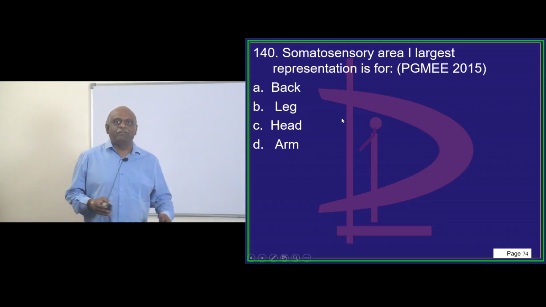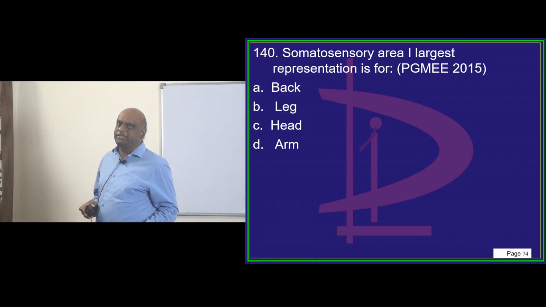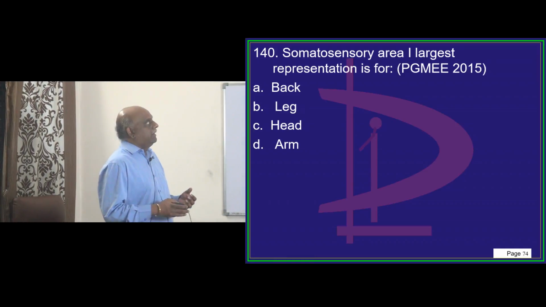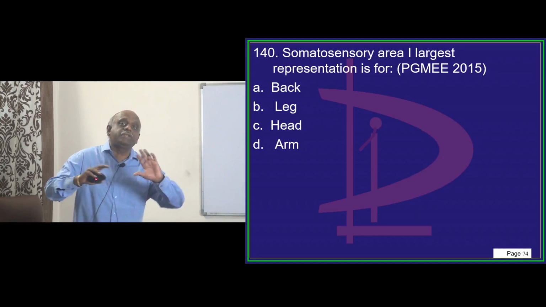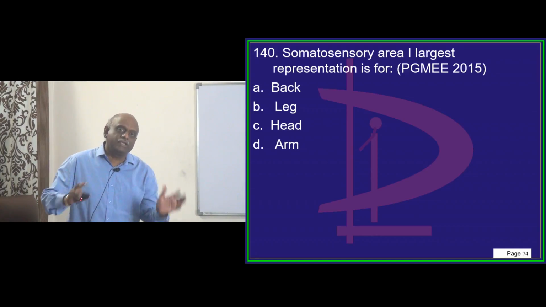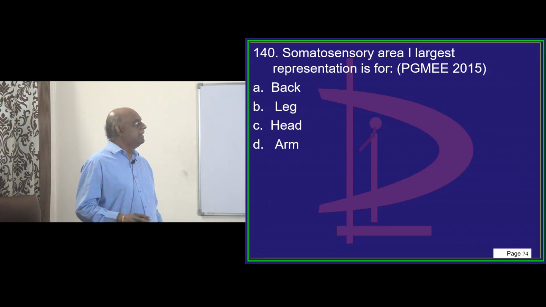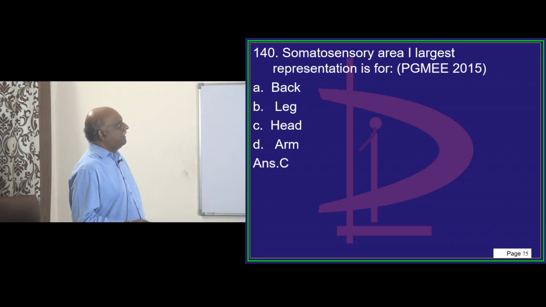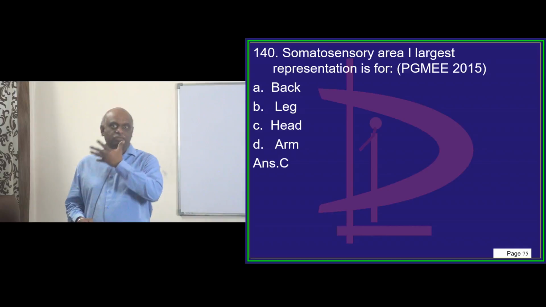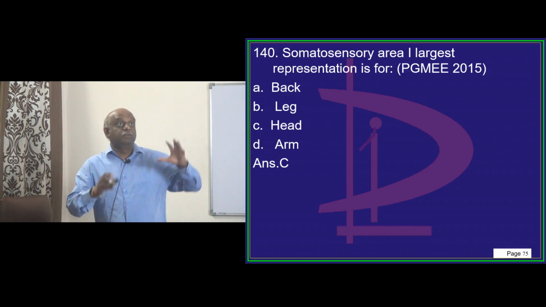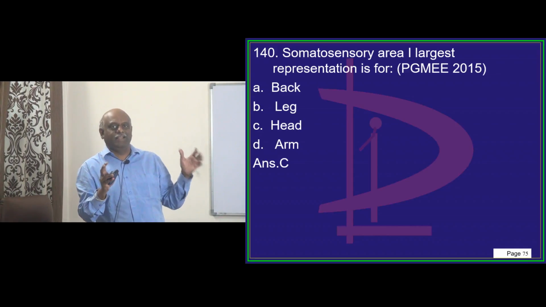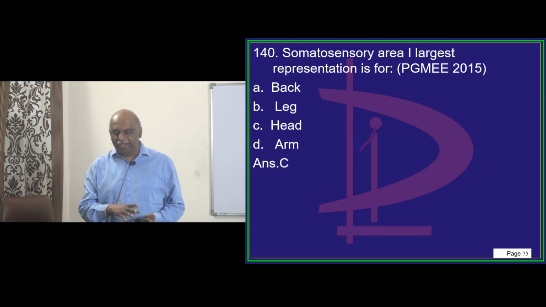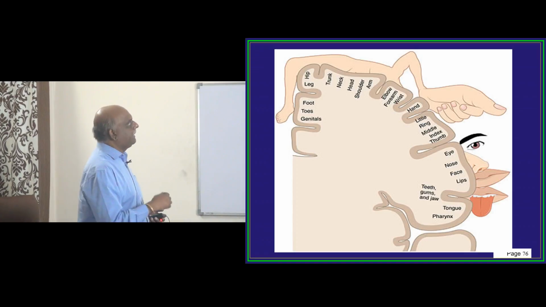Somatosensory area 1. First of all, what is it? And the largest representation of the somatosensory area 1 in the brain is of what? It is the head. All senses of the head are the most represented parts in the somatosensory cortex is what you need to remember.